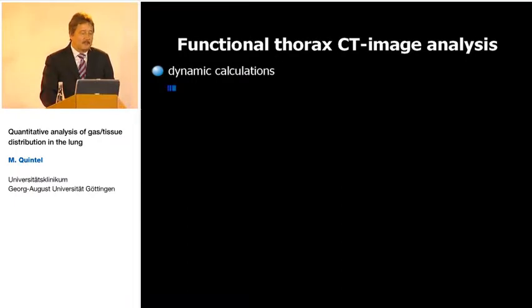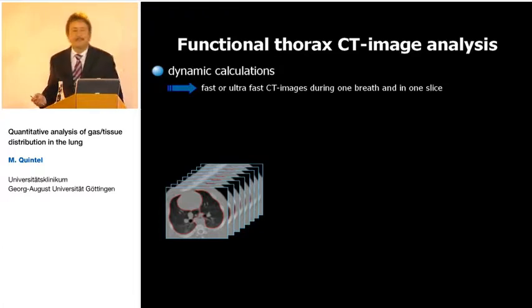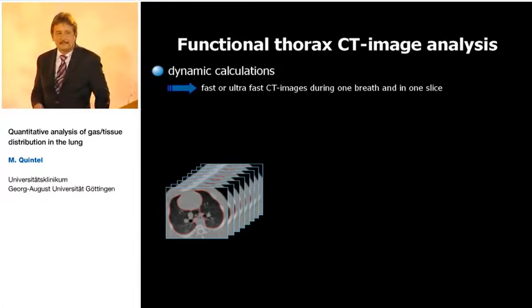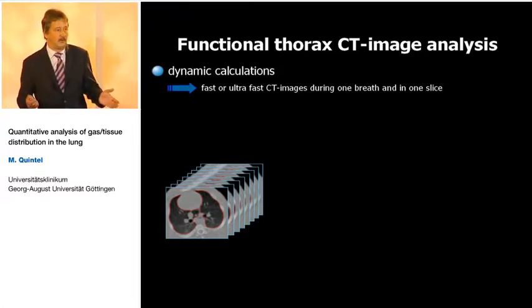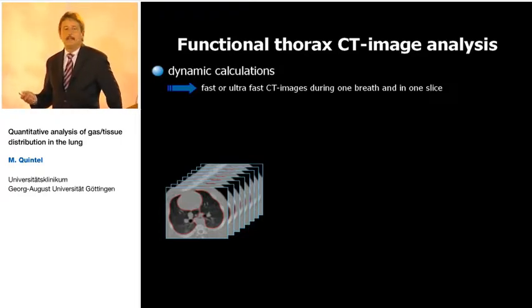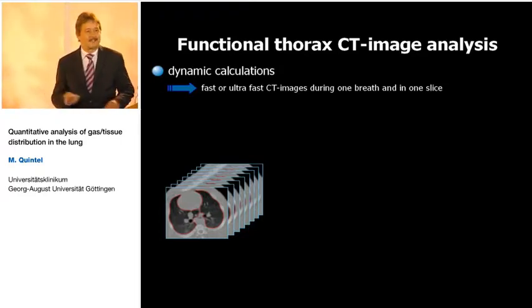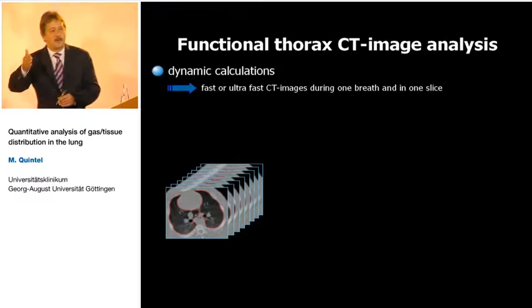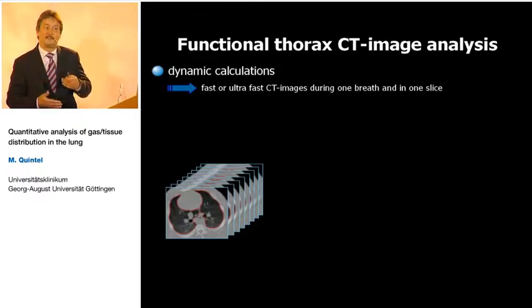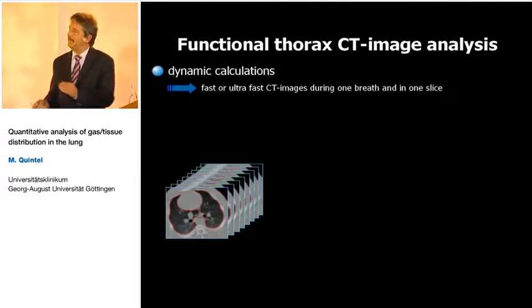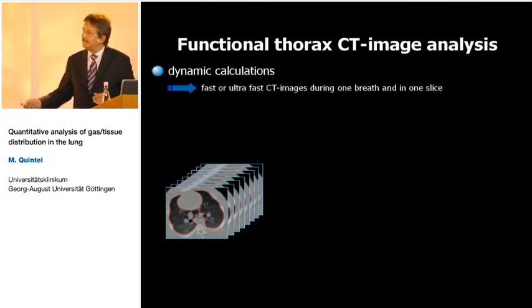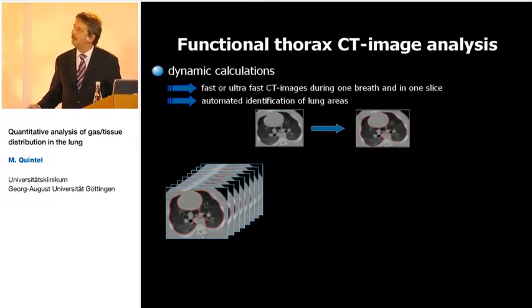Another thing you can do is dynamic calculations. For that, you use ultra-fast CT going up to 20 hertz, and you do it in one breath and in one slice, which means you look more or less at the same place, because there is movement in the thorax and it is not exactly the same place every time. Then you get a sequence of CTs like this one.